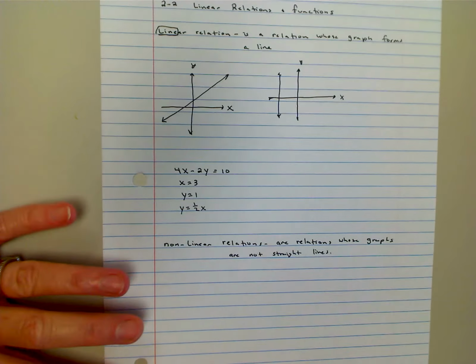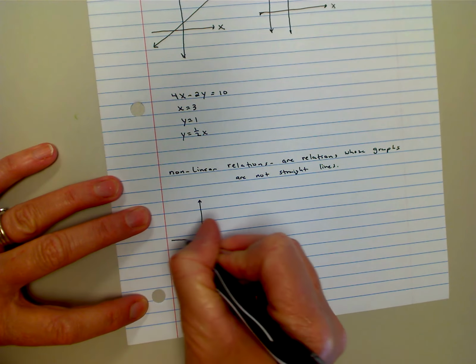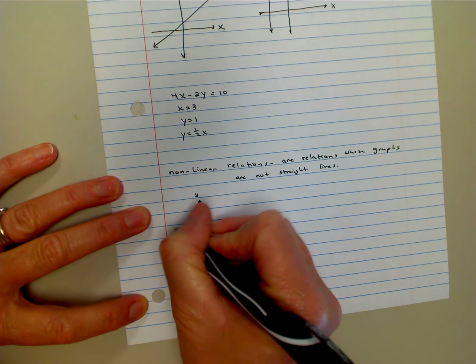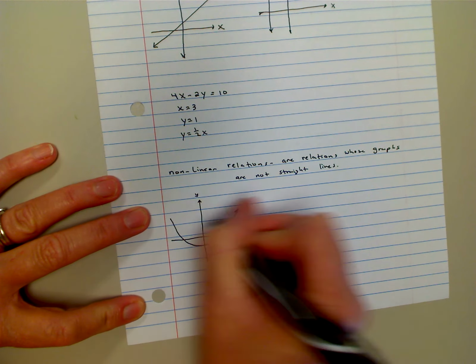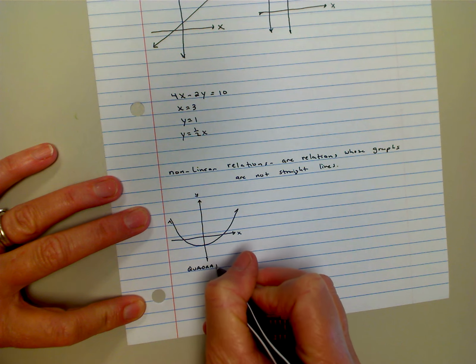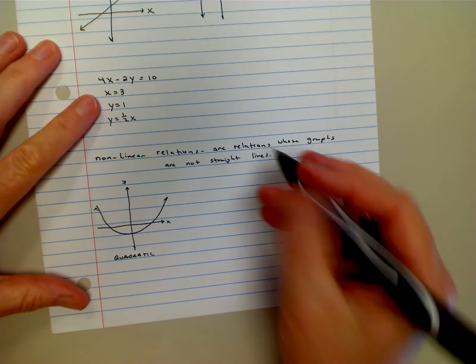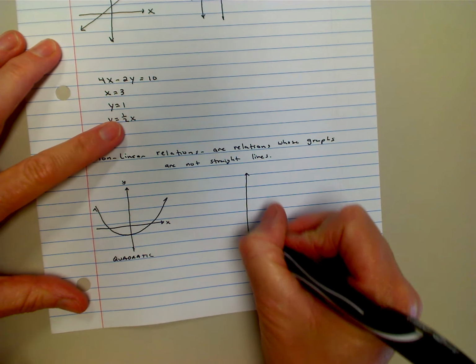And these could look like this. Okay, here's my x and here's my y. It could look like this. This one happens to be quadratic. Okay. Or it could look like this.